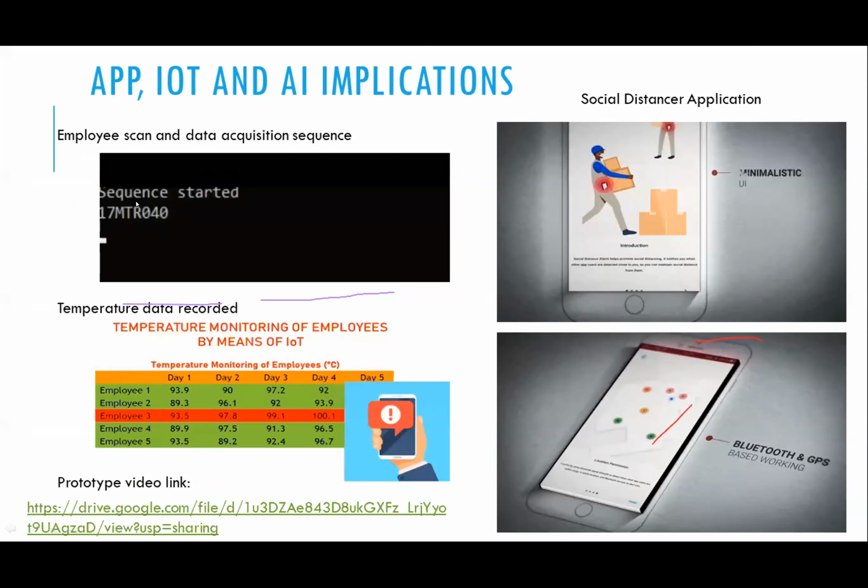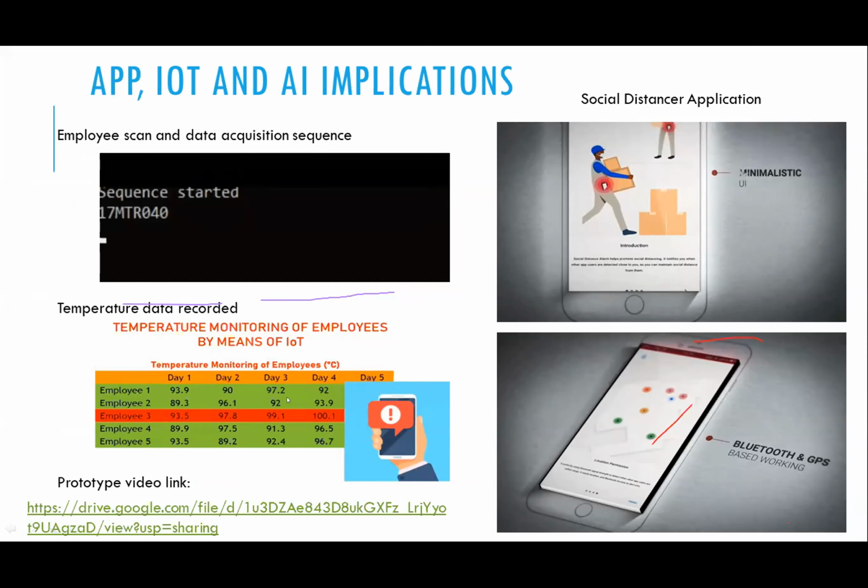The attendance is also taken. The temperature of the person will be monitored throughout, because being an employee or a student, his temperature will be recorded on a day-to-day basis. If there are any deviations, then there is a chance to act differently.